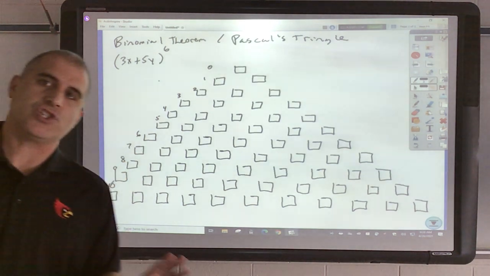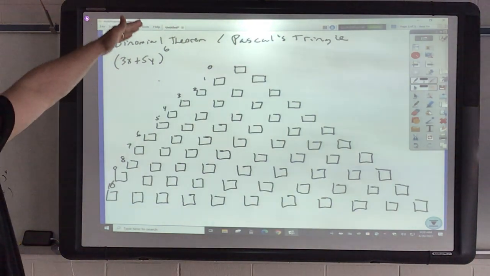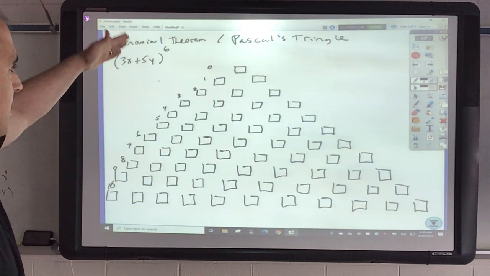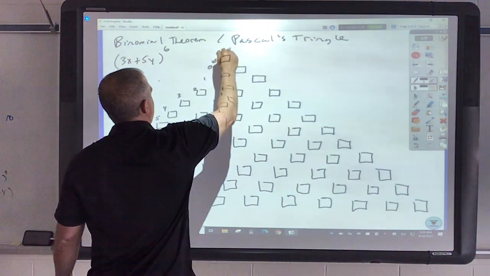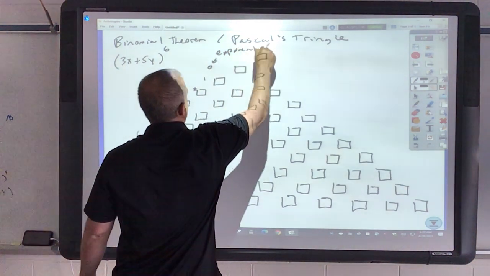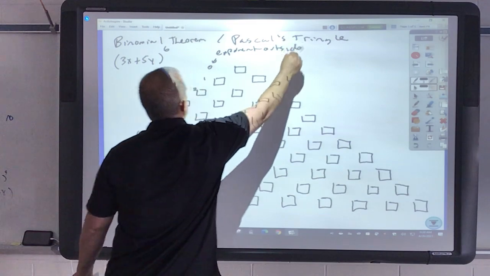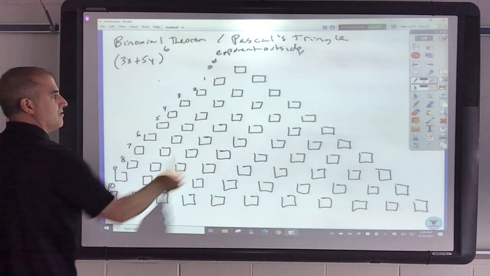If you do Pascal's triangle, you always start at the top with level 0, and it's an exponent. This is the exponent outside, so 6 would be like this level.